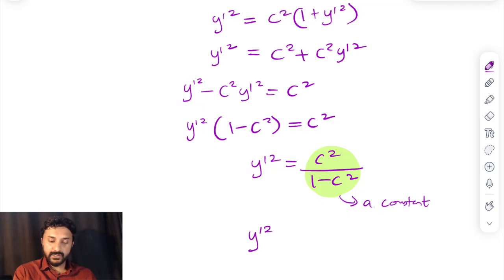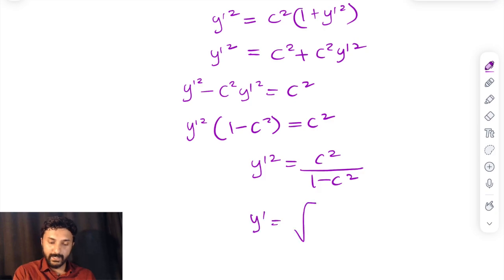So let me call that constant something else. Let's say we call it k. Or in fact, we can do something better. We can even get rid of the square root. Let us rewrite this as y dash, which is going to be the square root of all of this.